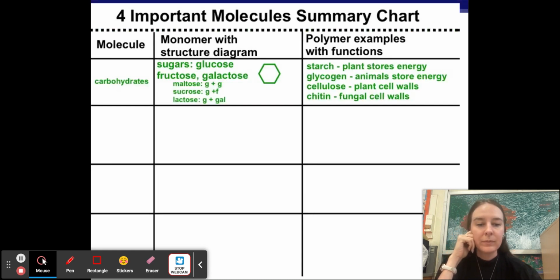So for example, in this video, you're going to learn about carbohydrates. So write the name of the molecule, write the name of the monomer. So sugars, fructose, draw a picture of its structure, and then write what would happen if you were to link up many of these monomers, polymer, and some examples of their functions. And so do that for carbs, lipids, proteins, and nucleic acids.